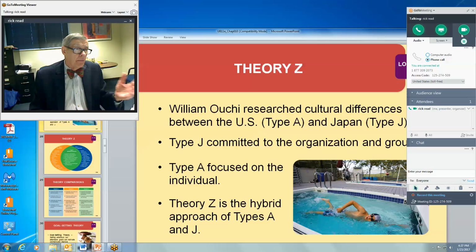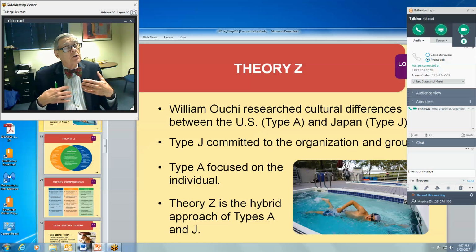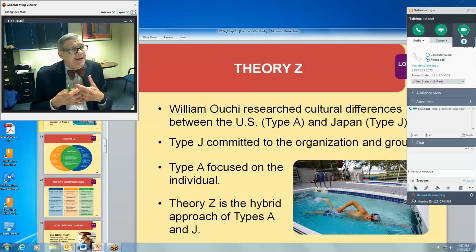He called Americans type A, Japanese type J. He said that the Japanese people are committed to the organization and to group goals, whereas we in the United States and many other Western countries, especially those of English origin, such as Britain itself, Canada, the United States, Australia, and New Zealand, focus on the individual.